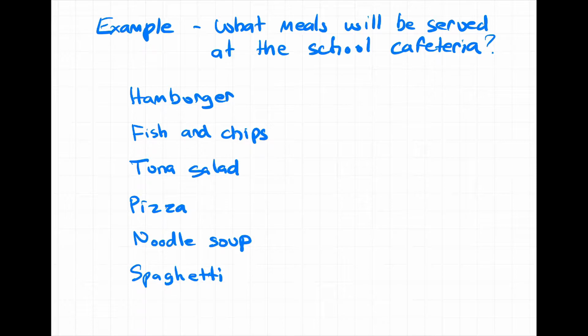Now, all that data is going to be collected. So if we say 60 people chose hamburger and 8 chose fish and chips and 4 chose tuna salad and 75 chose pizza and soup was 58 and spaghetti was 99.